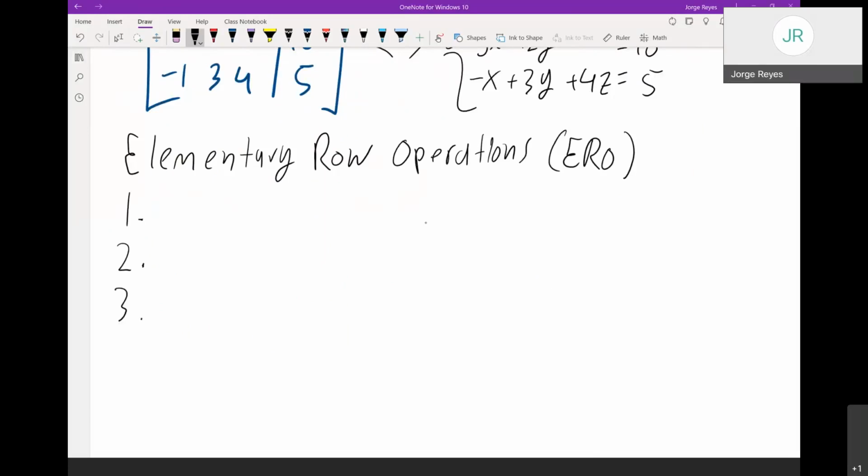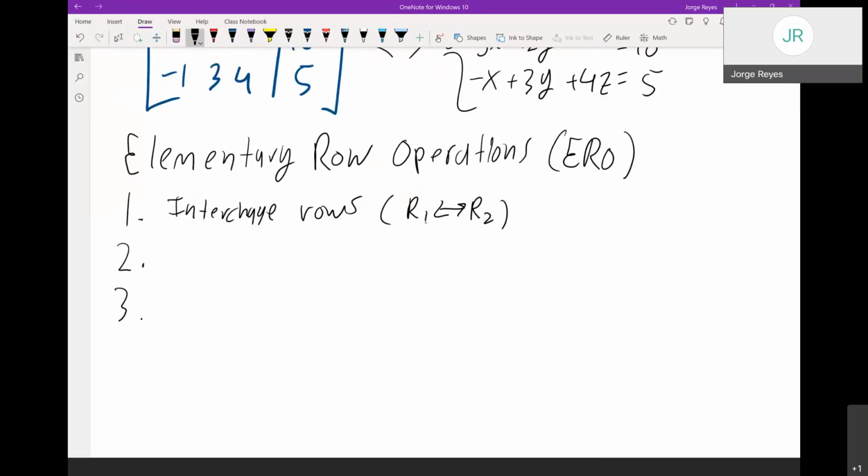The 3 elementary row operations we're allowed to use: first, we are allowed to interchange rows, which basically means we can swap rows. That's not a big deal.